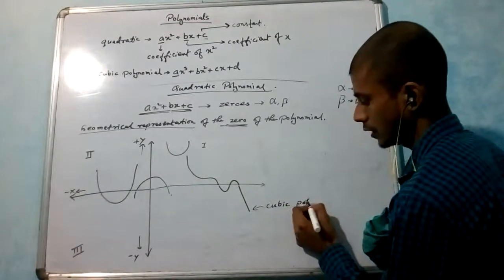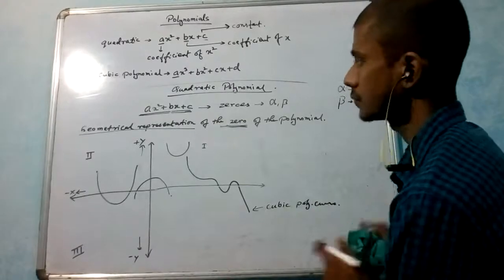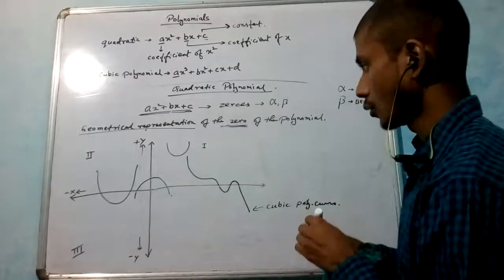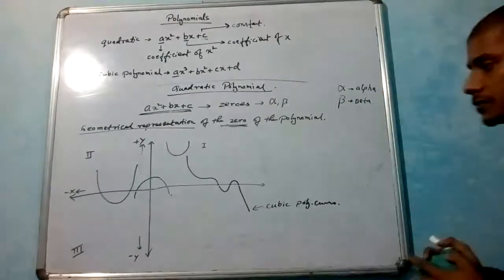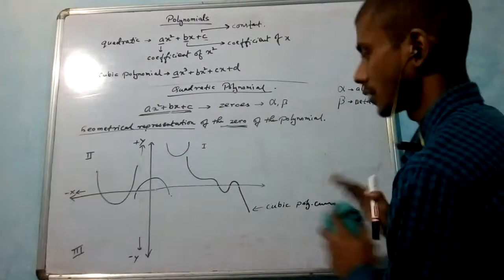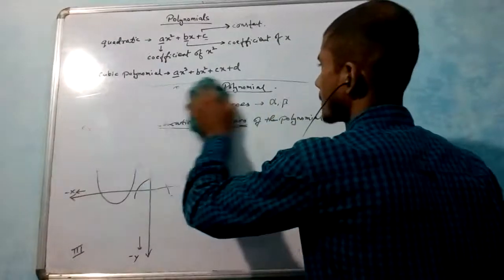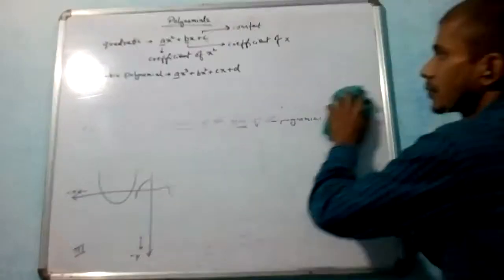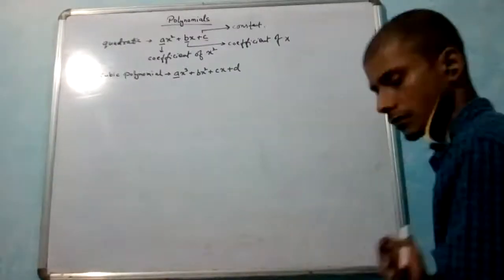Cubic polynomial curve. Did you understand what the geometrical representation is? Clear?